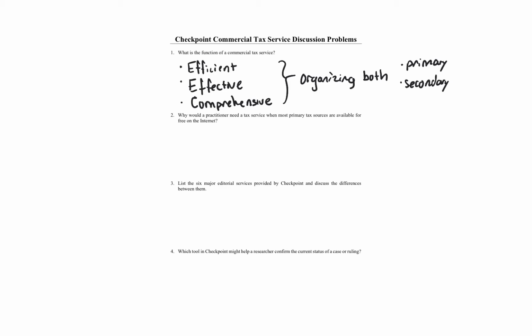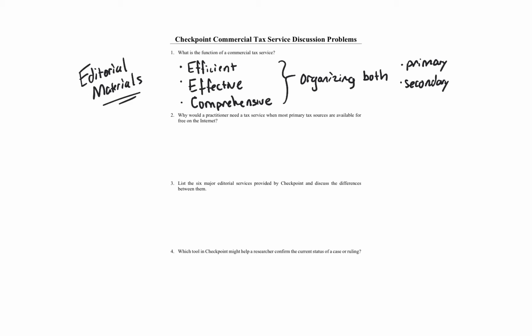Yes, the drawback of a commercial tax service is that it costs money, versus free is free, but it does make it efficient, effective, and comprehensive to do tax research by organizing both primary and secondary sources. And again, a big benefit of the commercial tax services is the editorial materials that are available, the experts they hire to go through materials and put their analysis on an area.